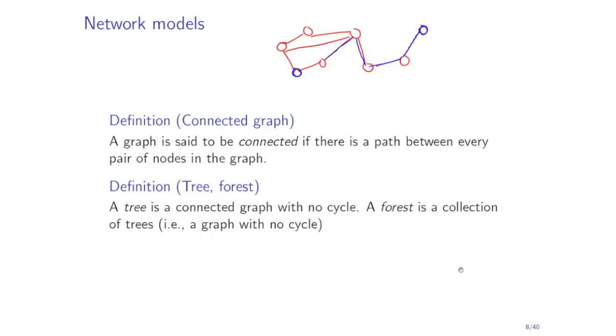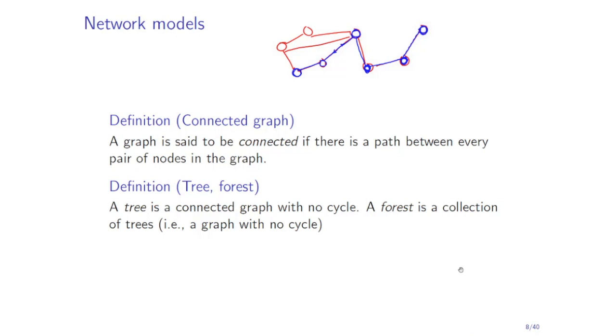Remember that I told you that when you have an undirected graph, you can think of those edges as bidirectional edges. Okay, I can go this way or this way. Both are possible. So if you have a graph where there exists a path between every two vertices, then you have a connected graph.